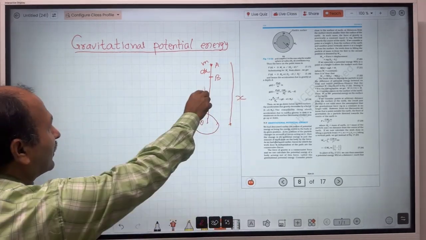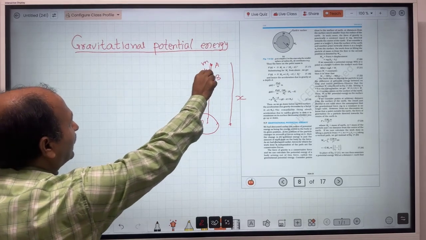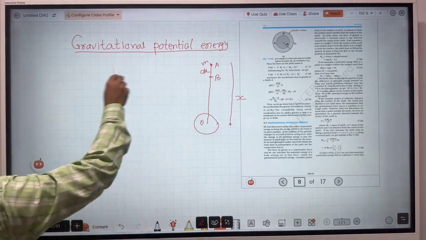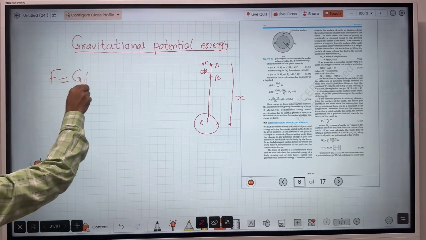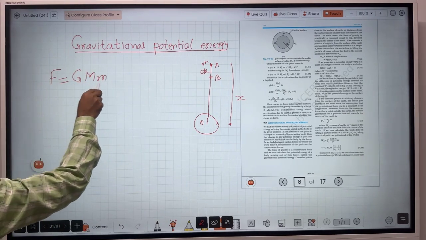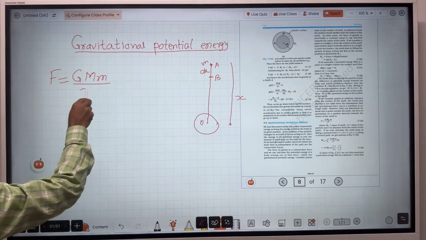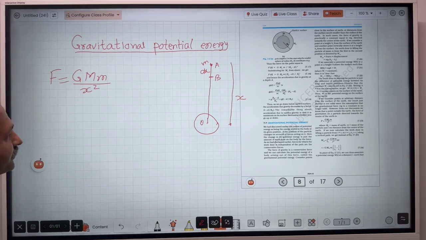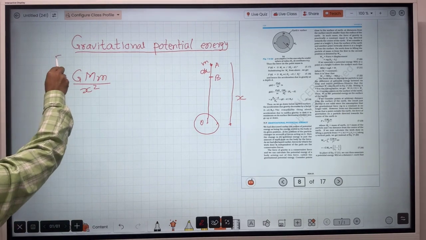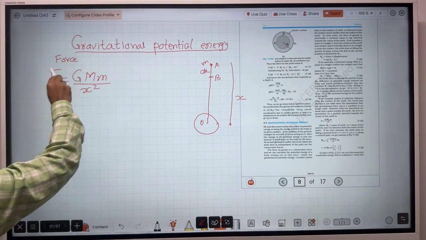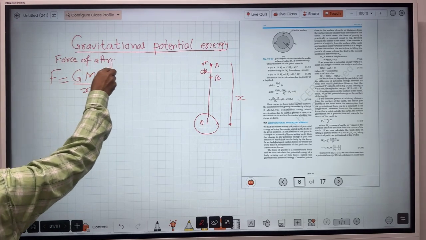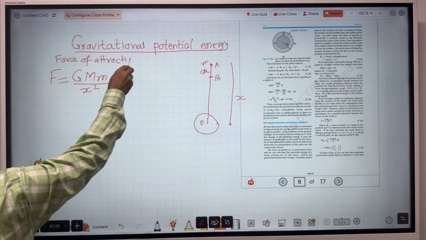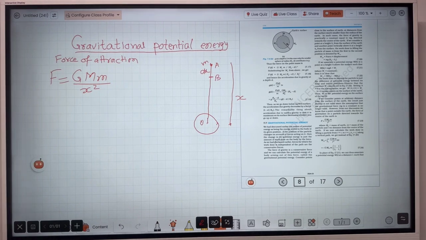Now here at this point, if we calculate the force on the object, the force will be G M m divided by x square. This is the force of attraction, right? This is from Newton's law.